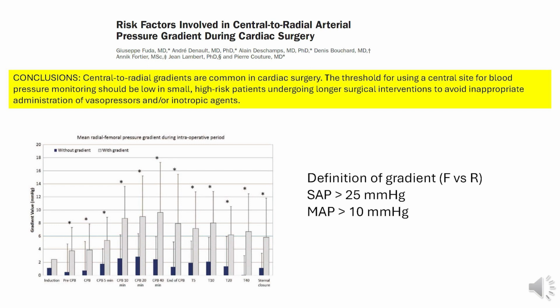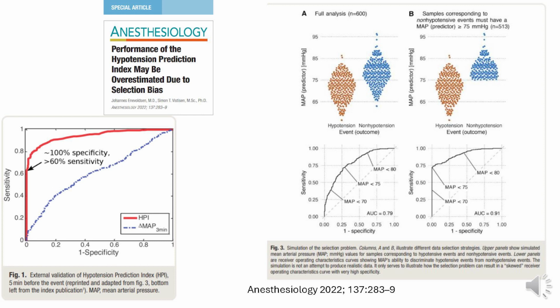And finally, I come to this issue of the clinical consequence and clinical value of a false positive or a false negative diagnosis. So what Dr. Enevoldsen is going to show you is that in the left part of the slides, you have the area under the curve that was actually developed by the HPI authors in 2018.